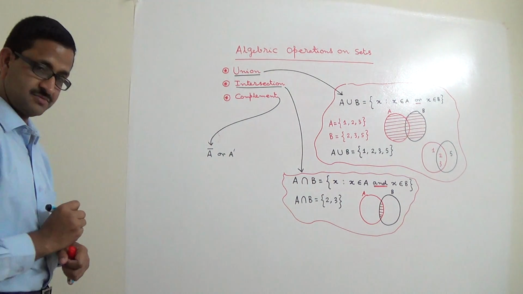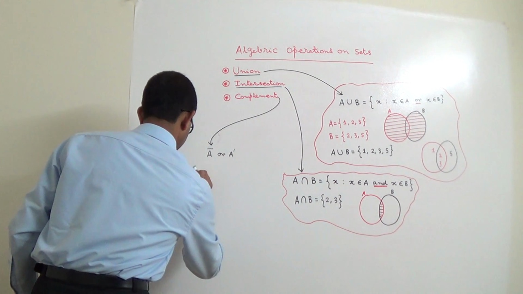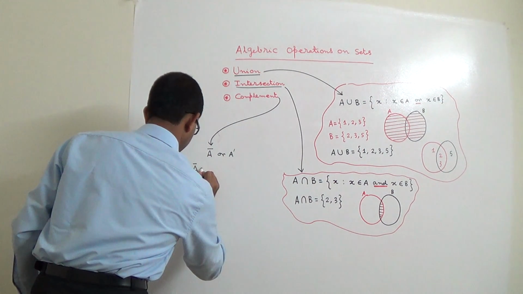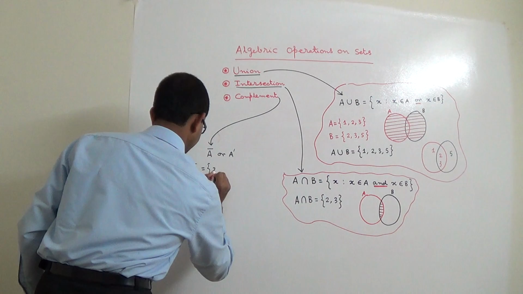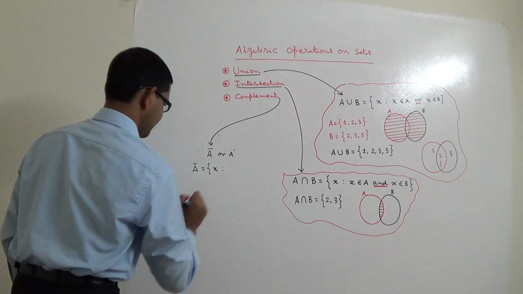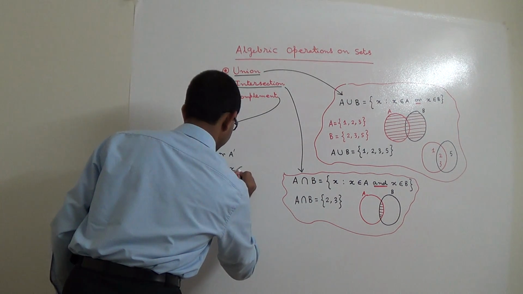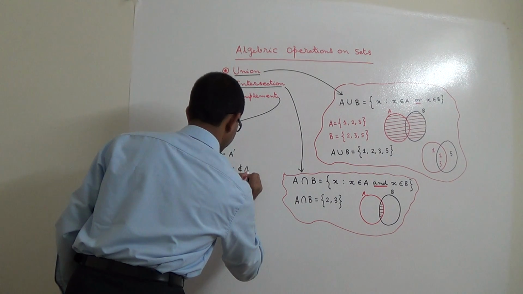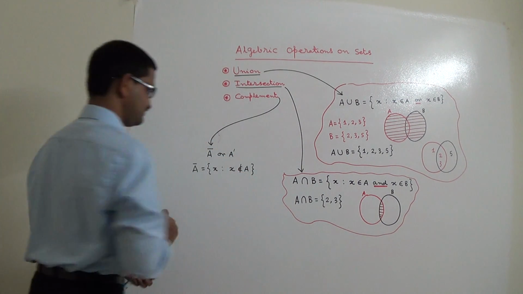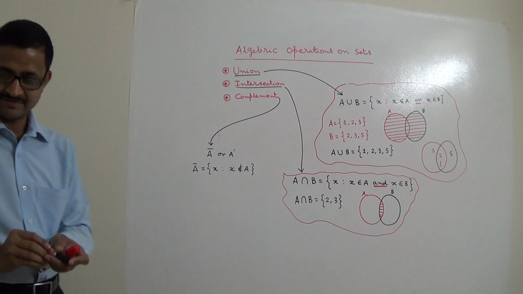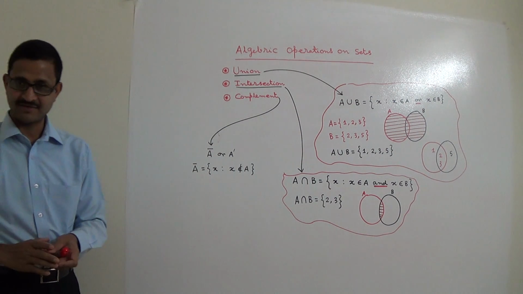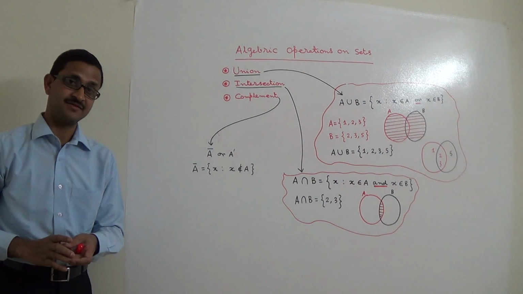What is the definition? A bar or A prime is equal to X such that X doesn't belong to A. Clear?